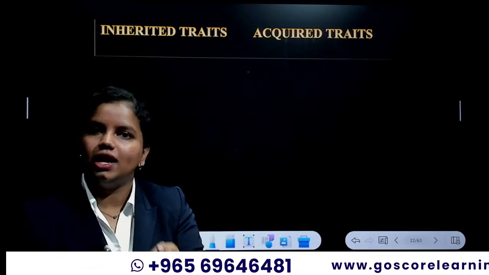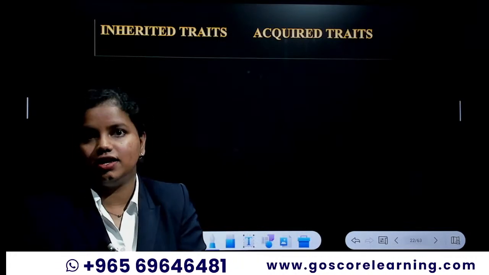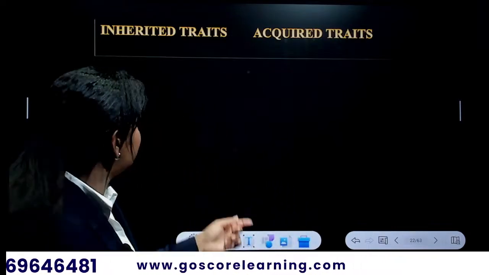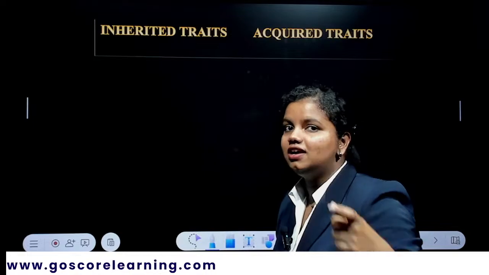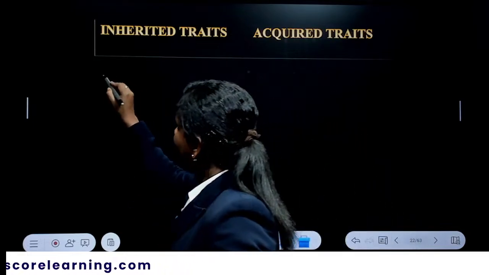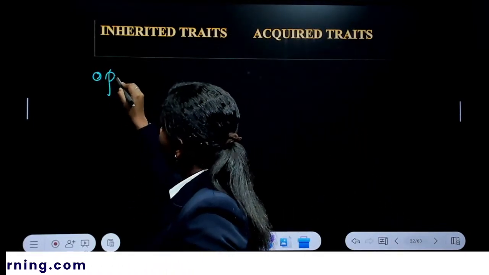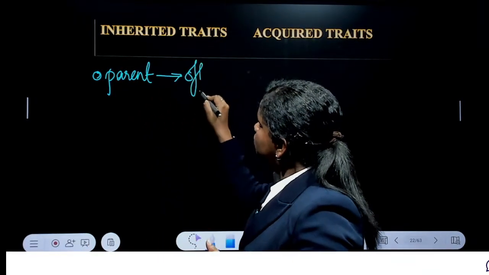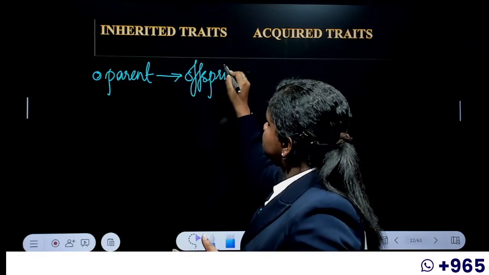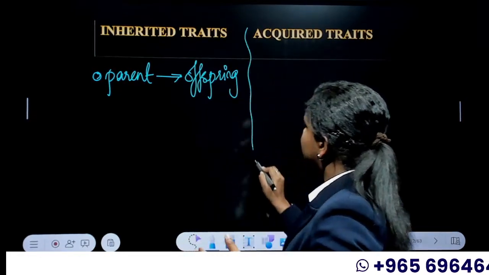That is what you call inherited, inherited from a parent to the offspring. Keep it in your brain now itself. Inherited traits means a character which comes from a parent to the offspring.